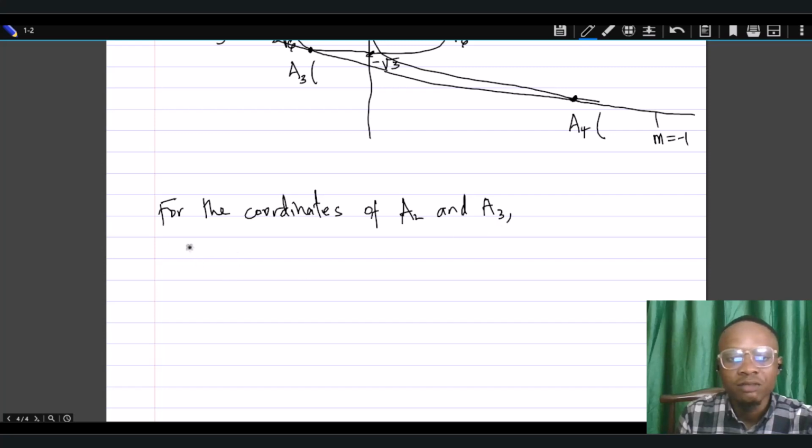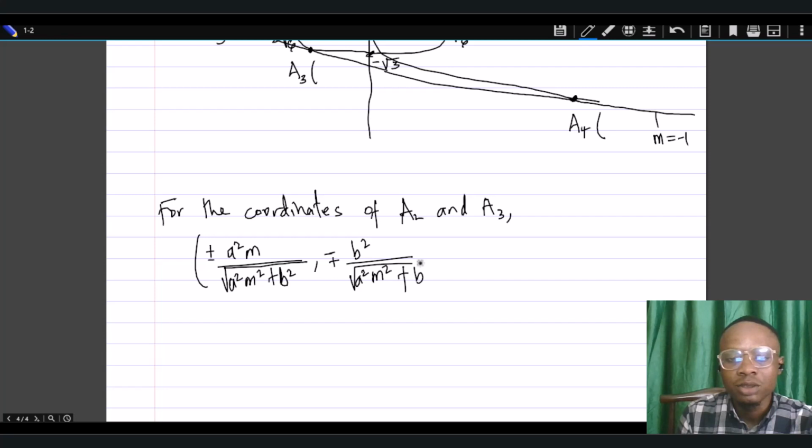We will have those points given by plus or minus a squared m, as we wrote up there, divided by the root of a squared m squared plus b squared. Then we'll have minus or plus b squared over the root of a squared m squared plus b squared.